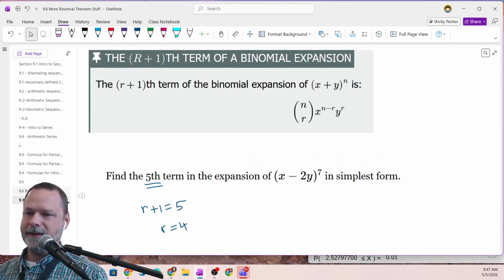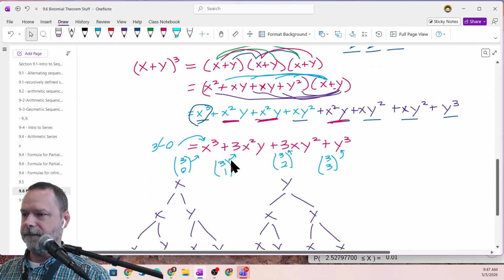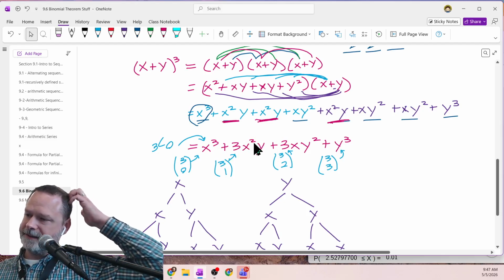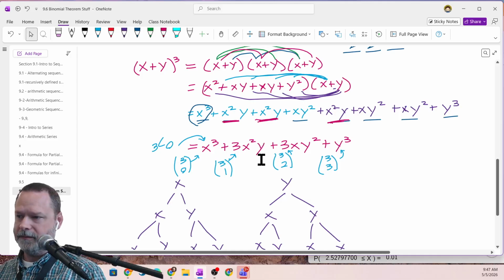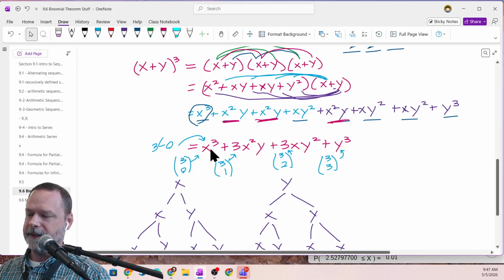And then also, if we're looking at these examples here too, what's the power of our x, or our y, let's say? First term, our x is n.